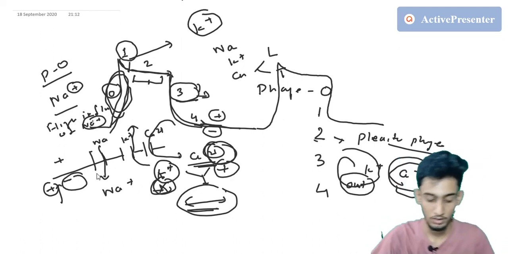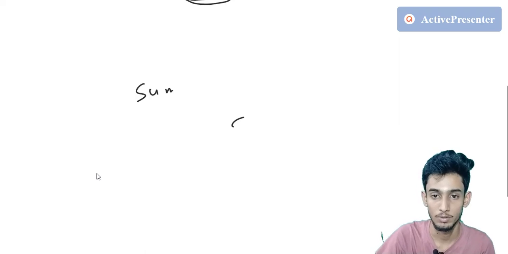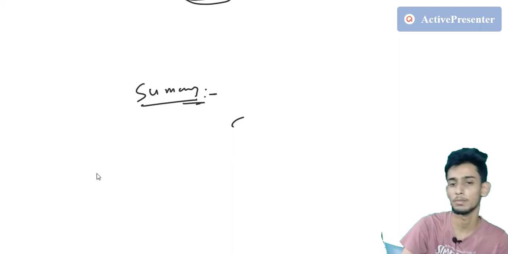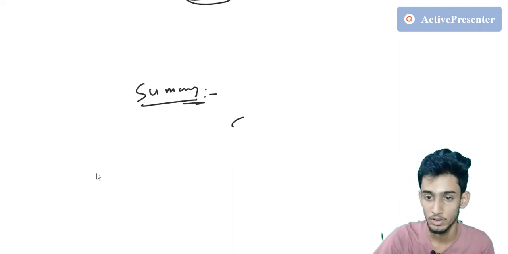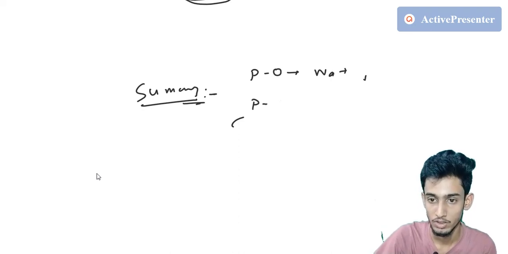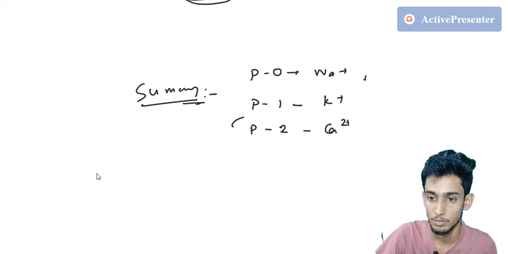So what is the summary of this lesson? Let's summarize. It is very important for our PG course. We don't need to remember everything, we just remember the 4 points. Phase 0 sodium ion, phase 1 potassium, phase 2 the new ion calcium, which type?